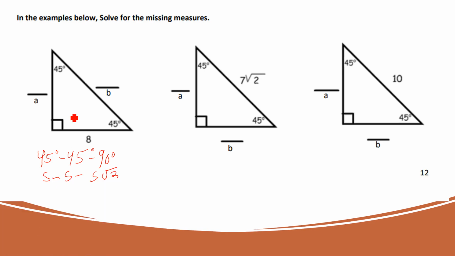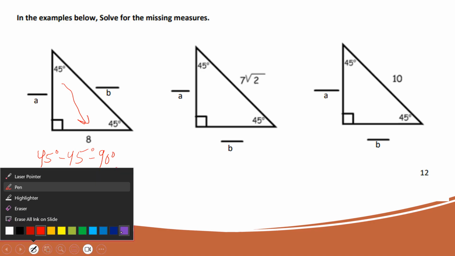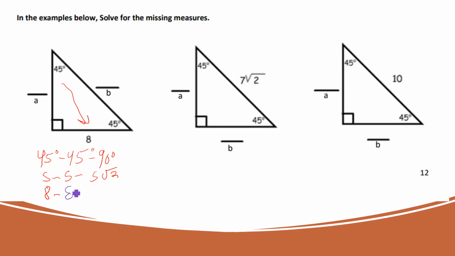And they give me a side across from 45 degrees as 8. So I got to find the others. So guess what? The other side across from 45 degrees is also 8. And then the side across from 90 degrees, my biggest side, is s times root 2. S is 8, so it's just 8 root 2. That's it.